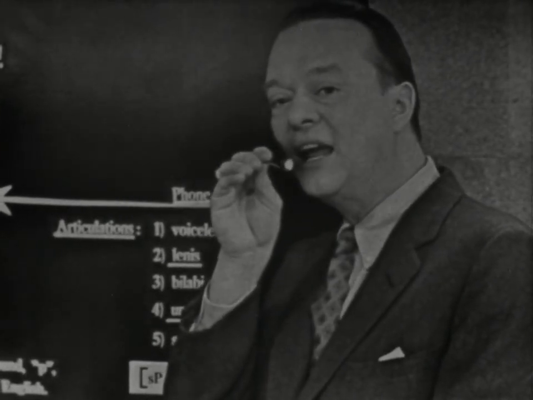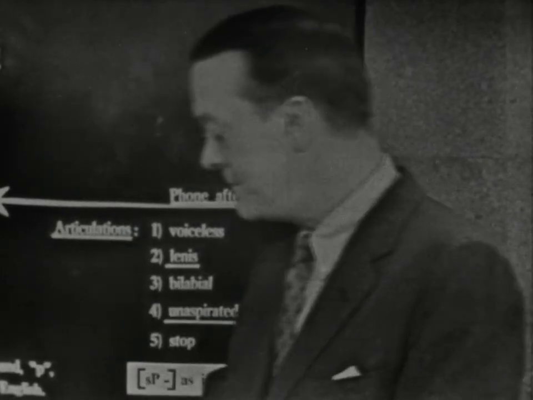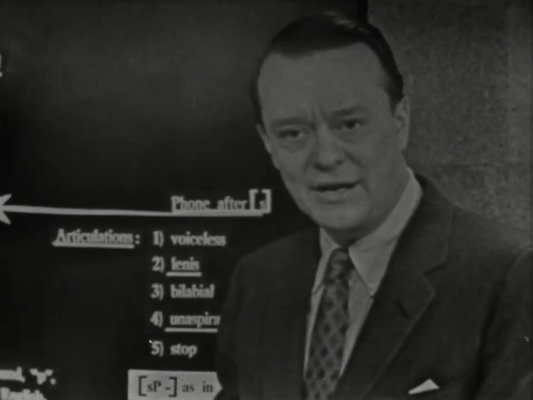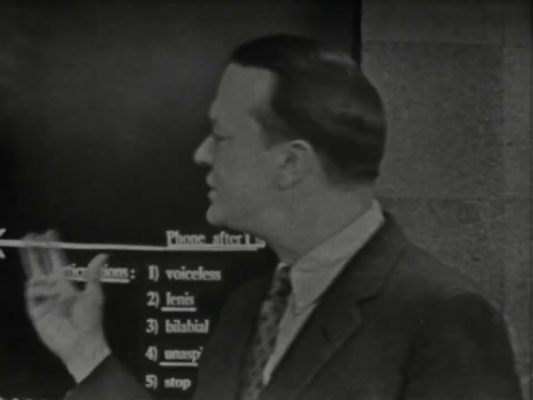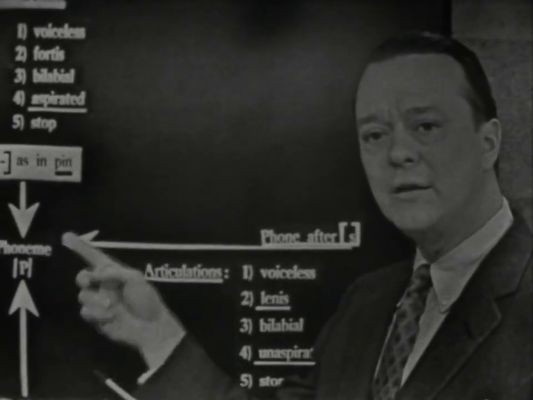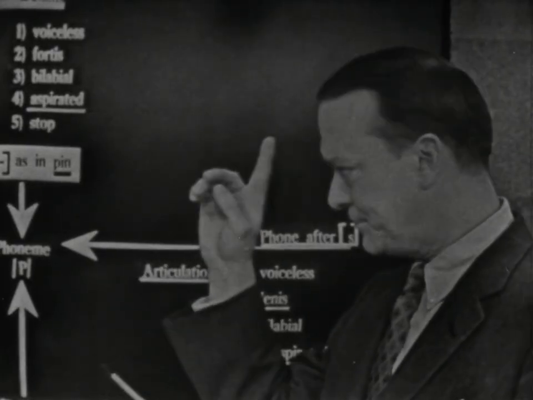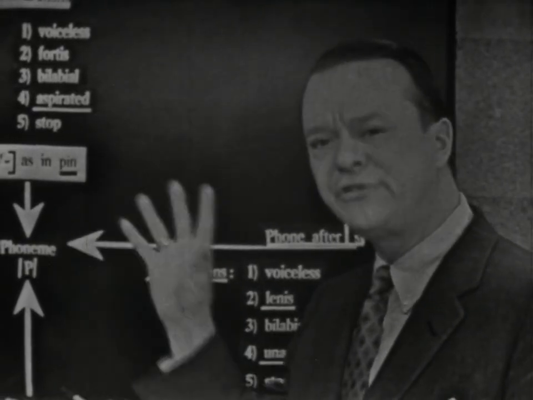Skin, sting. But again, tin, you see? So we get patterning at all levels. Patterning throughout the sound system. Allophonic patterning, which is predictable, and patterning throughout the system of the consonants.